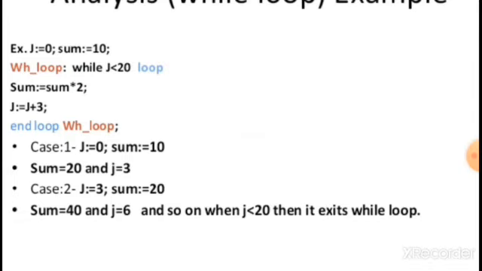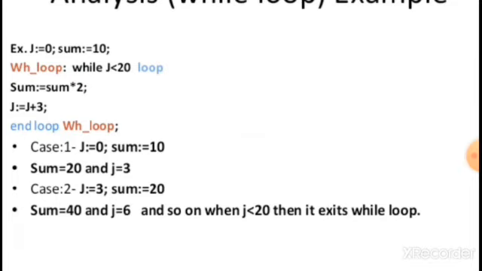You see here j is equal to 0 and sum is equal to 10. The while loop label is there, after the loop label a colon, and next while is a keyword. And what is your boolean expression? J is less than 20. Is it true or false?